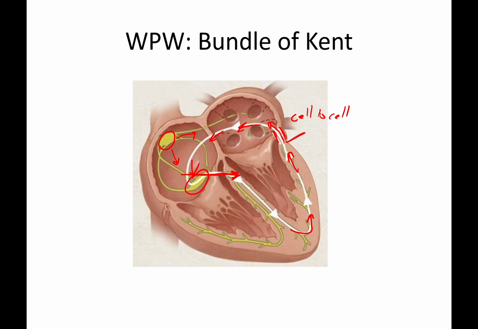You've re-entered. And that whole process can go over and over and over again. And if it decides to speed up, you'll wind up with a reentrant tachycardia or a paroxysmal tachycardia potentially as well.